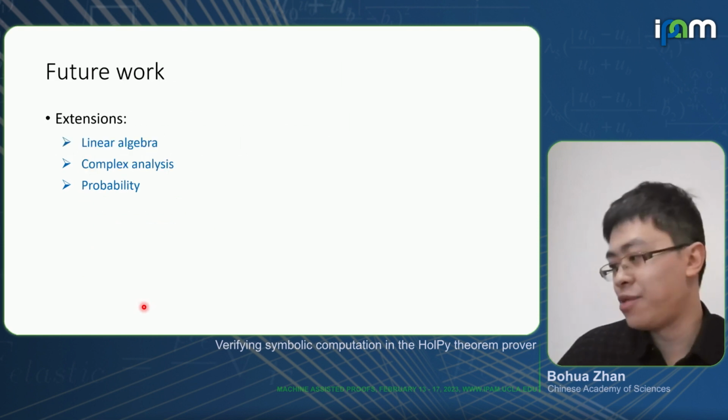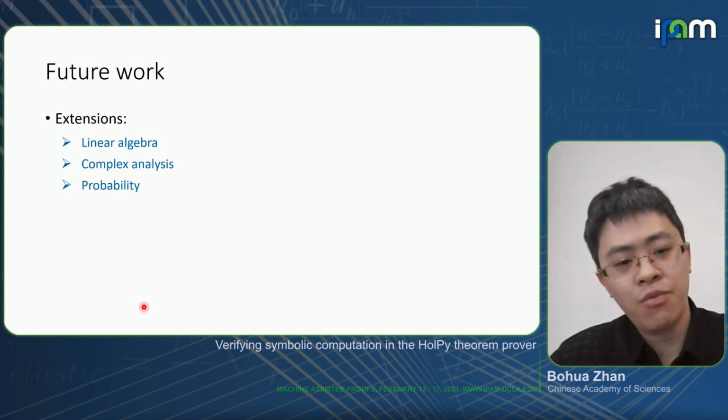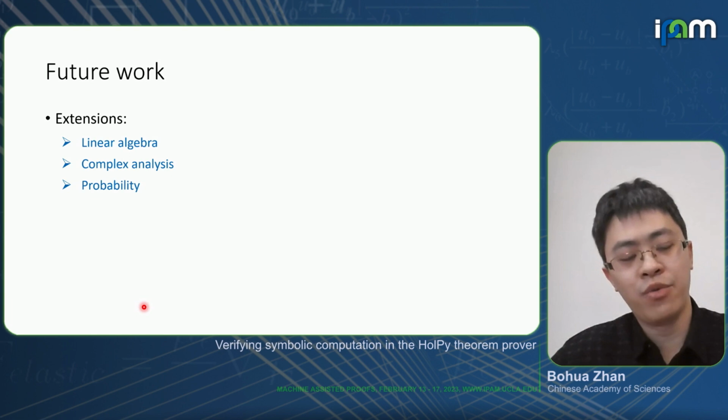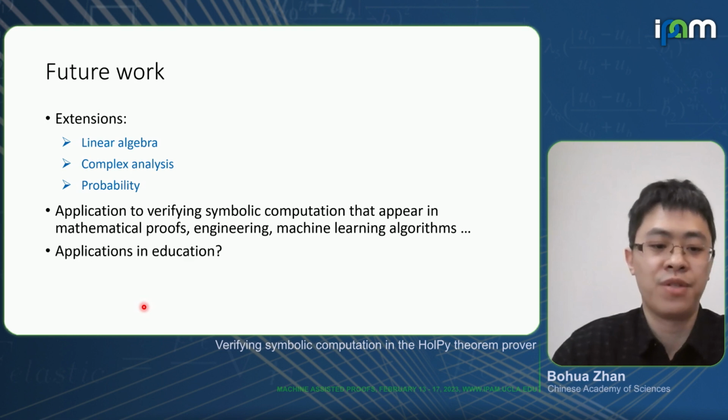And finally, I would like to discuss some potential future work. So I think one immediate extension that we would like to do in the future is to extend the tool to handle other kinds of computation, such as linear algebra or complex analysis or probability, with application to symbolic computation in mathematical proofs, in engineering, or even in machine learning algorithms.